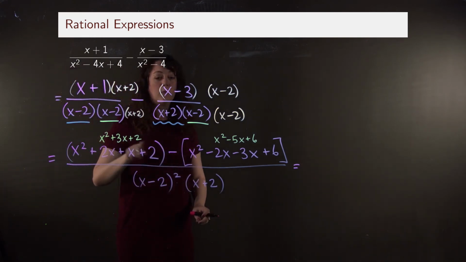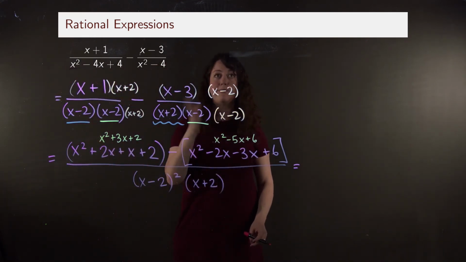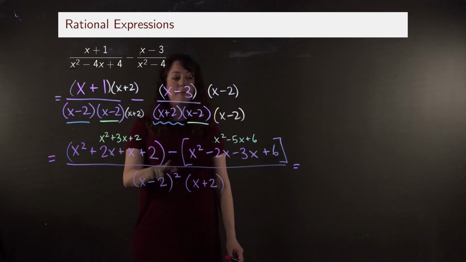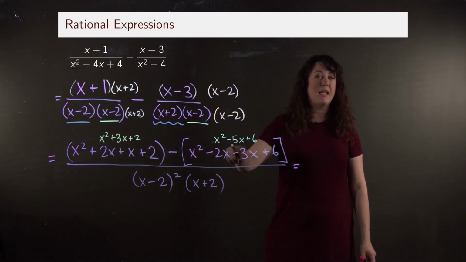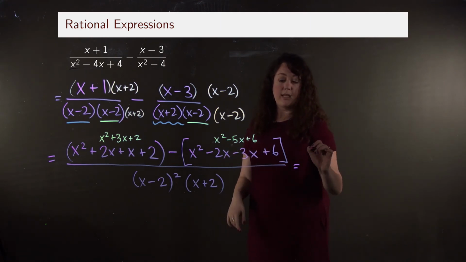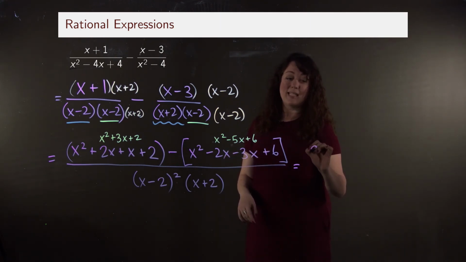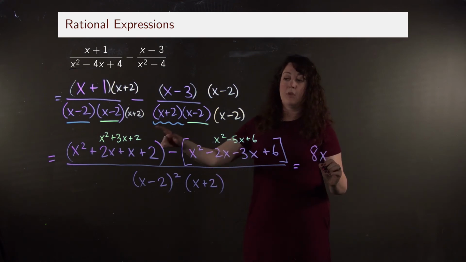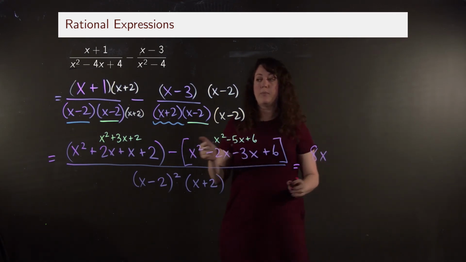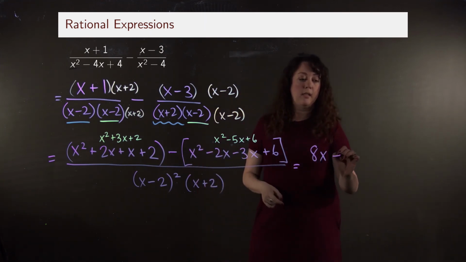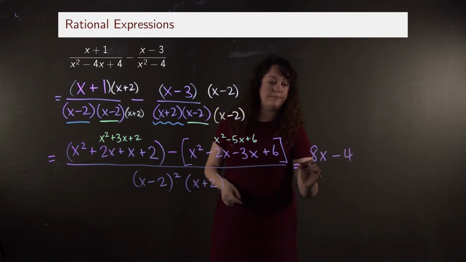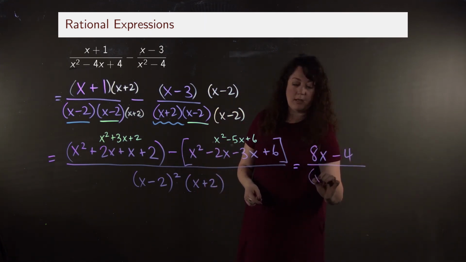Okay, so I have an x squared minus x squared. Those are gone. 3x minus negative 5x. So 3x minus negative 5x is going to give me an 8x. 3 minus the negative is a plus, so 3 plus 5x is 8x. And then 2 minus 6 is minus 4. Okay, over. My denominator has not changed.